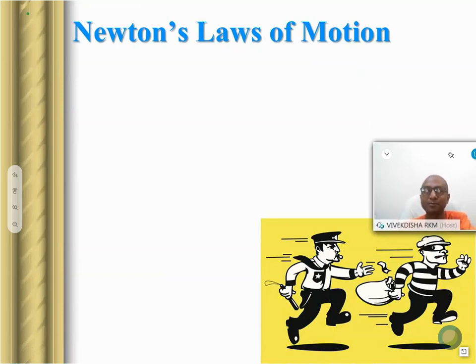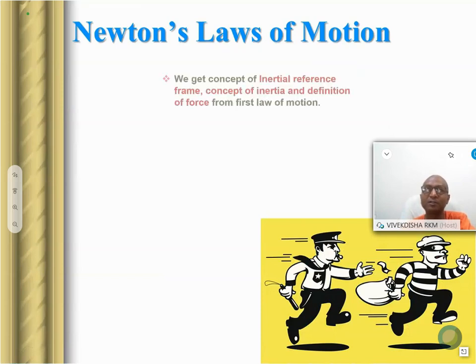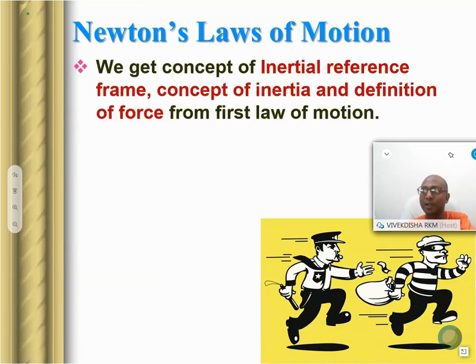You cannot get it from the second law of motion. So I will write these things, it will help you to understand. We get the concept of inertial reference frame, the concept of inertia, and a definition of force. We discussed the definition of force and also inertia earlier. So these things we can get from the first law of motion.